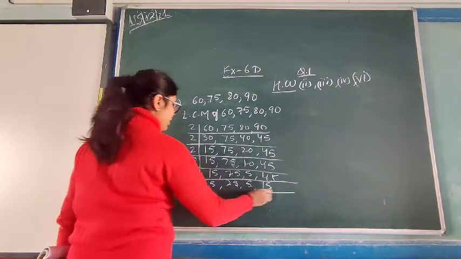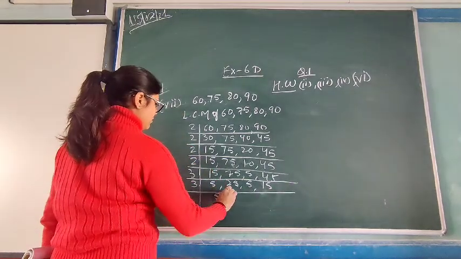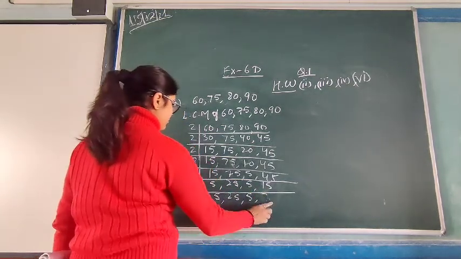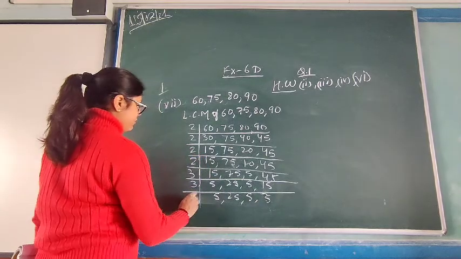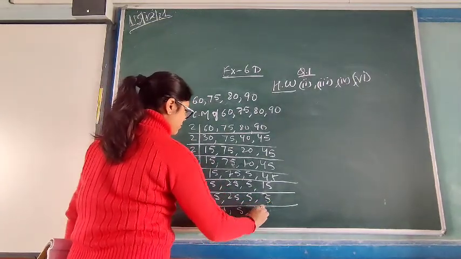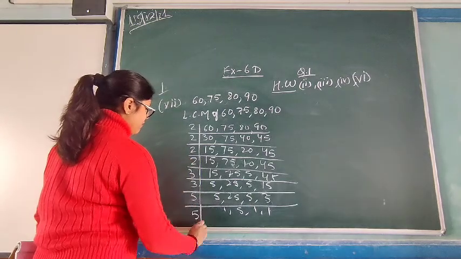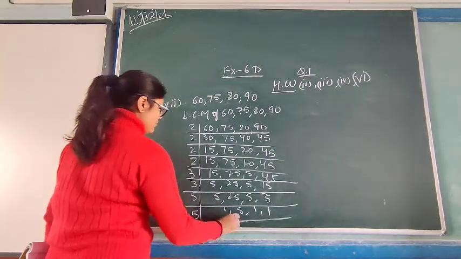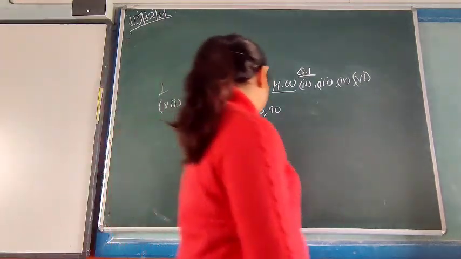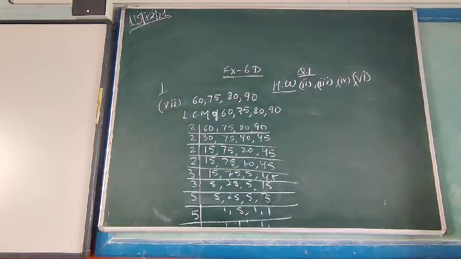Now again by 3. Now 5. Again by 5. So this much big will come now.